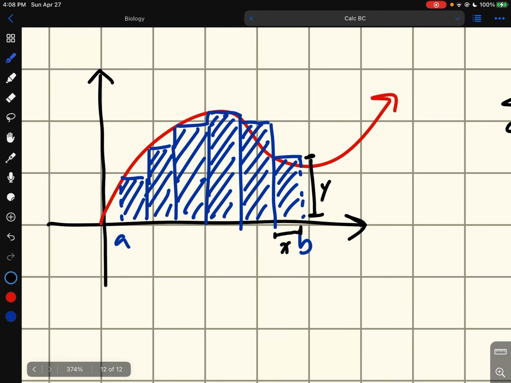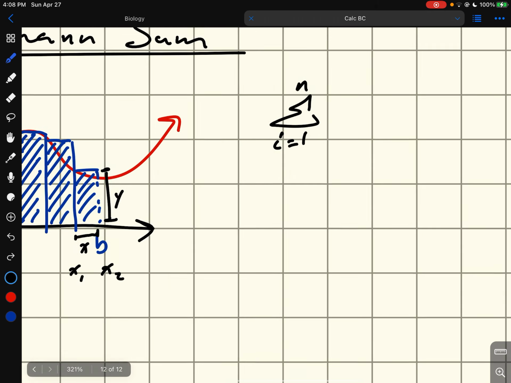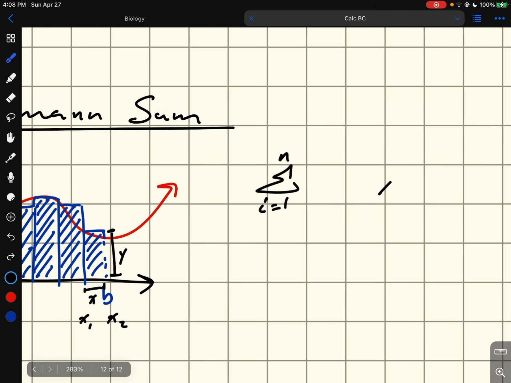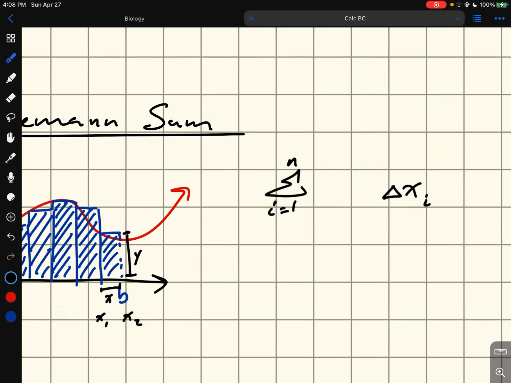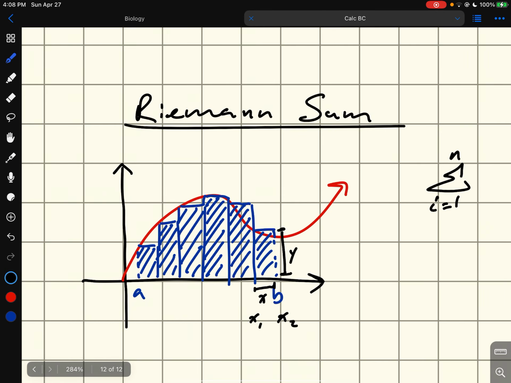Going from, let's call this x1 to x2, the distance between there is x2 minus x1. That's how we know what the length is. That's why we write delta x, because the delta means the change in x. And then we do the little sub i because that tells us we're taking the change in x for all of the i's, so every time we add a new rectangle, essentially.